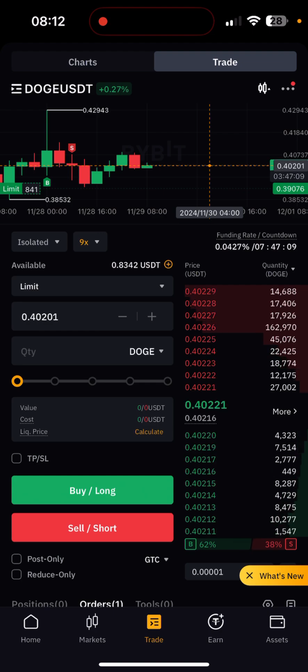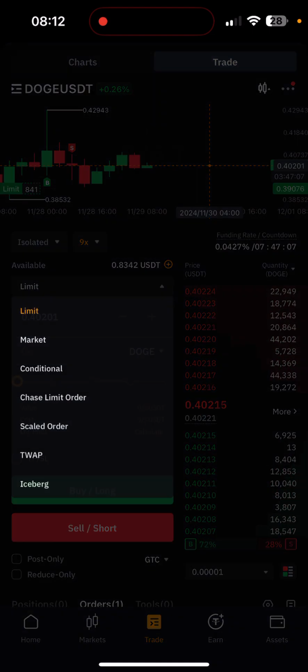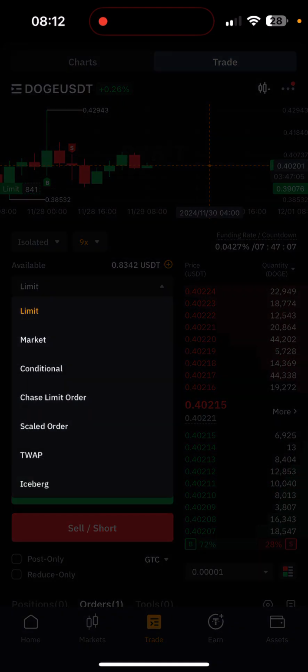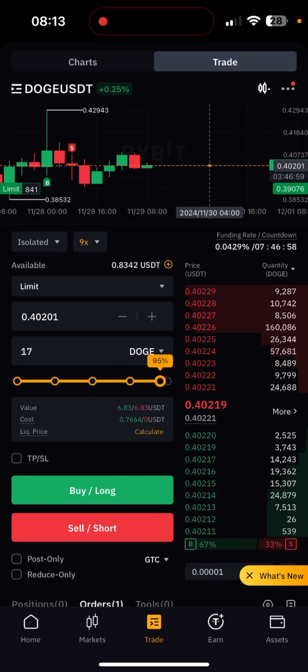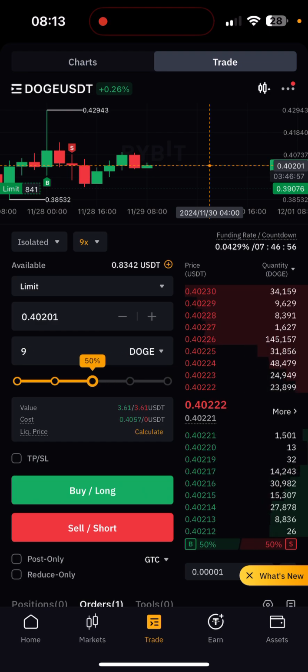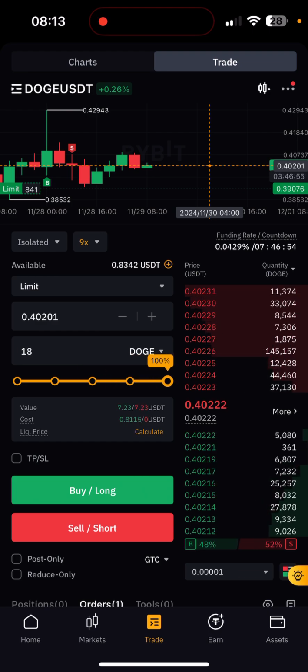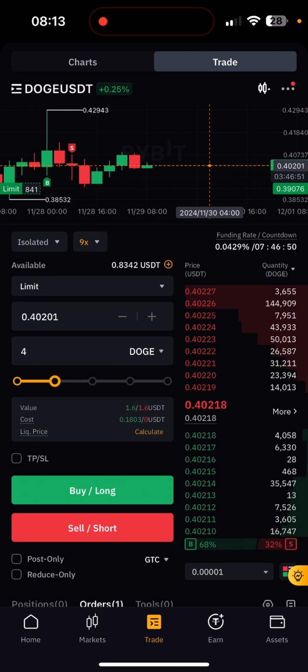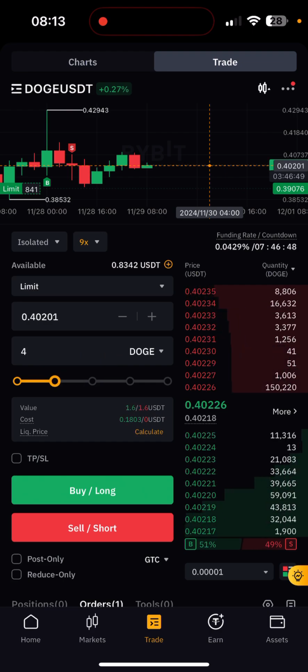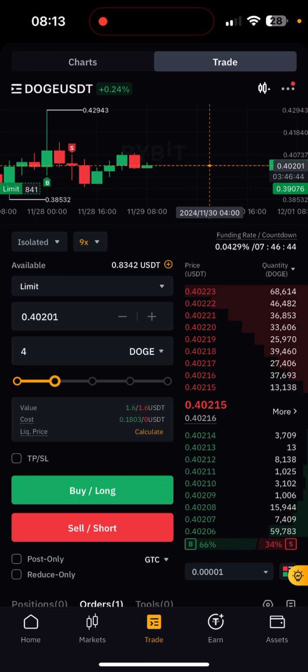Either way, if you want to take a trade on limit or on market, all you need to do is come and change it here. Then you use this cursor to increase the quantity you want to trade at that time. If you want to trade your whole account, it's 100%. If you want to trade half of what you have or 25%, you can always see the cost of what you are putting into the market under this cursor, which has value, cost, and liquidation price.